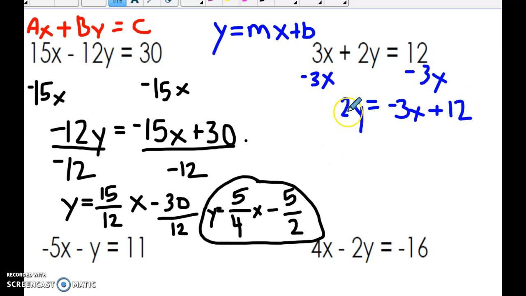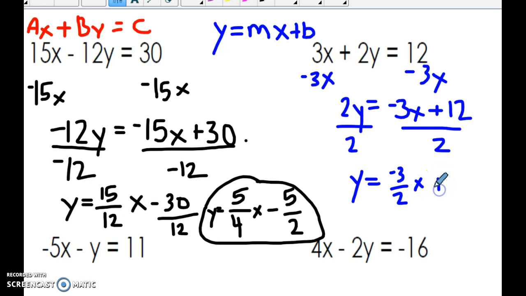The only thing left to do is to undo multiplying by 2, which means divide by 2 on both sides. So y equals negative 3 halves, 3 over 2, x, plus, and this time I can do mental math. 12 divided by 2 is 6. So there's your equation.